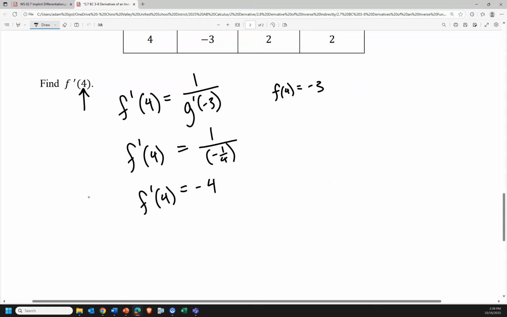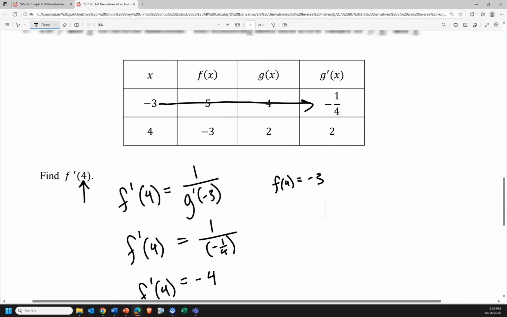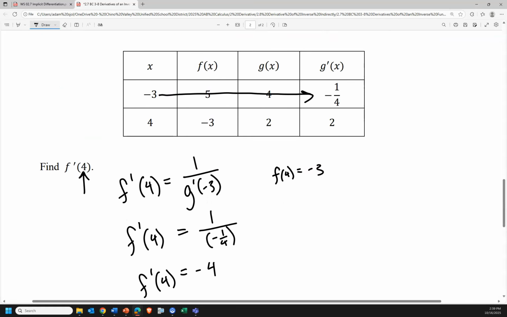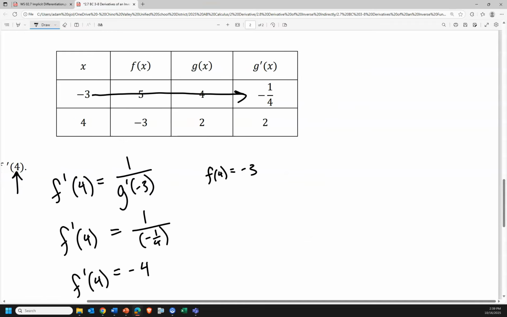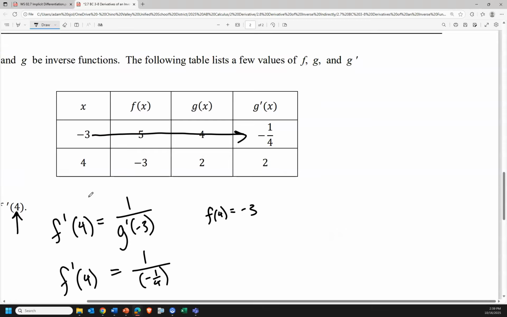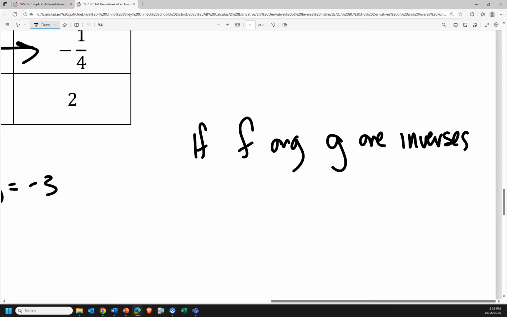Okay. But if you hadn't memorized all of this, what else could you do? Let's slide over here. Well, if f and g are inverses, well, we would know the definition. I do.